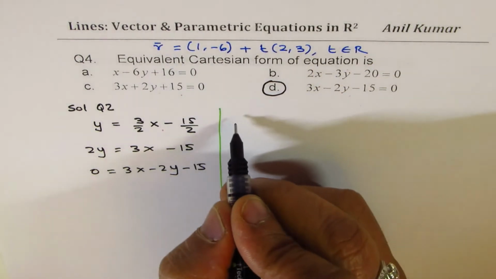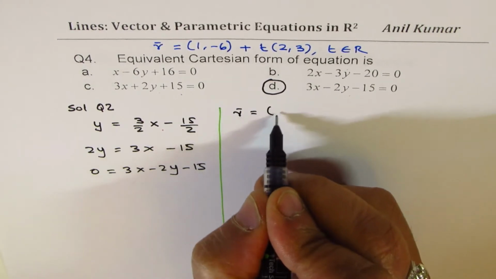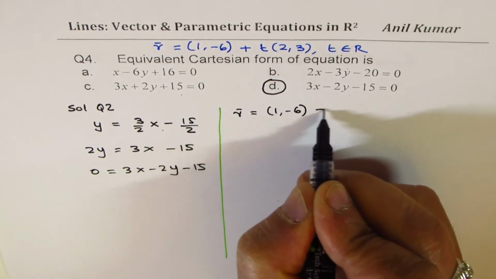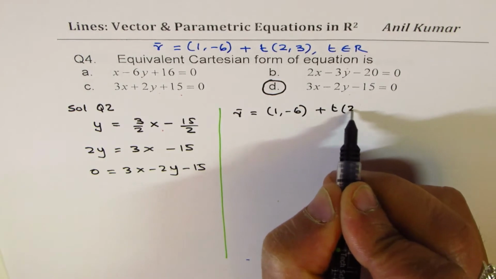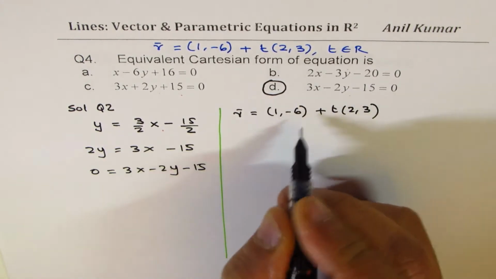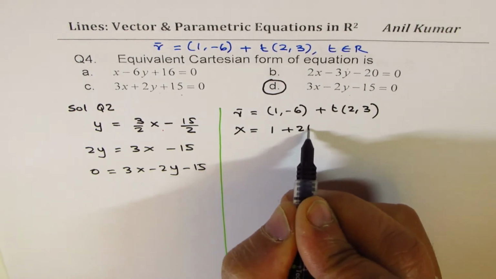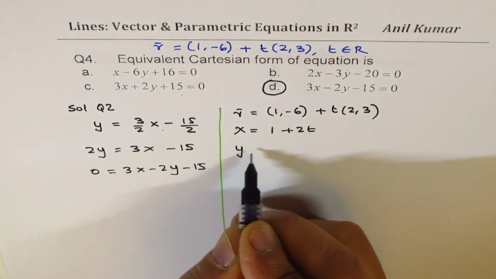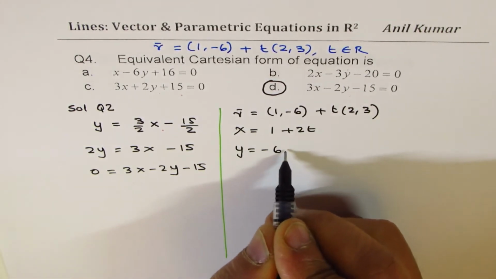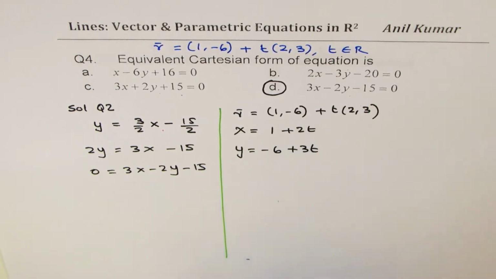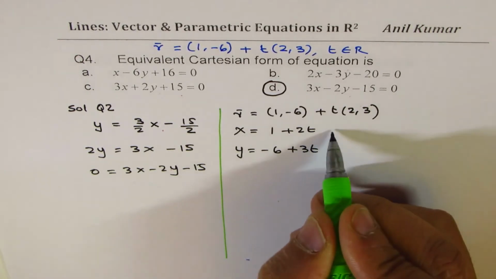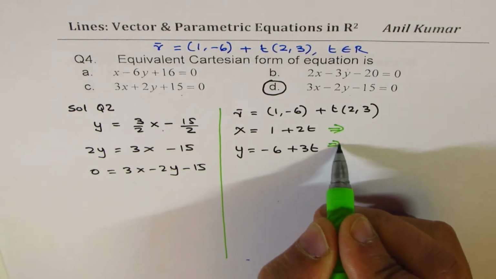We'll again begin with the equation of the line, which is (1, -6) plus t times (2, 3). We have already written this in parametric form as x equals 1 plus 2t and y equals minus 6 plus 3t. Now from these equations, let us isolate t.